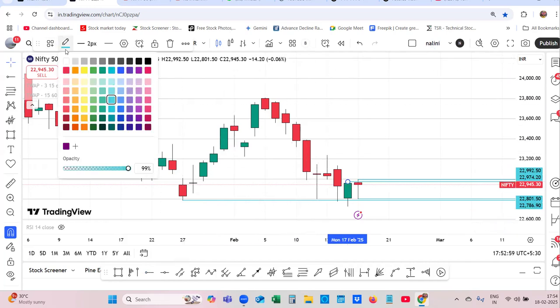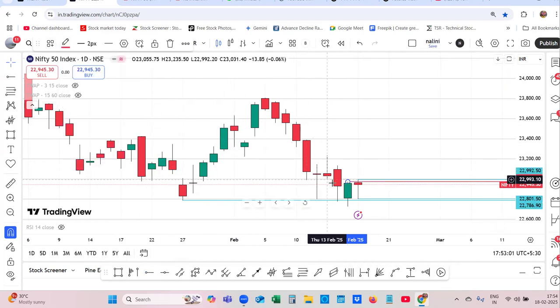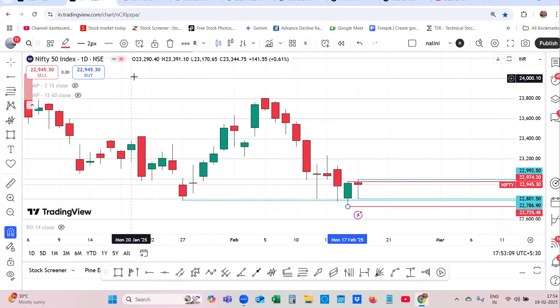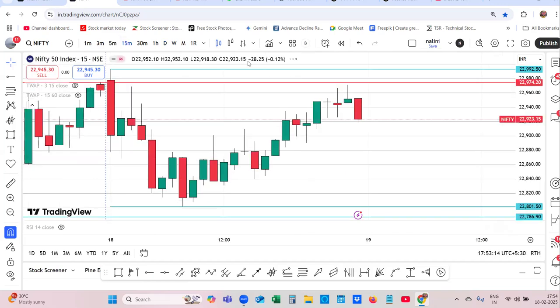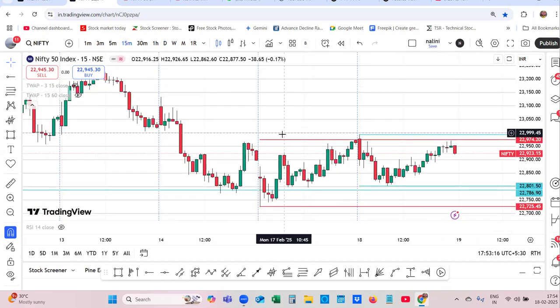Let me change the color to red, and the previous day low. Let me change the time frame to 15 minutes so that you can see this is the previous day high and this is today's high and low.